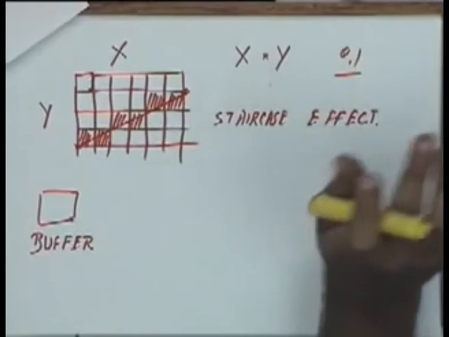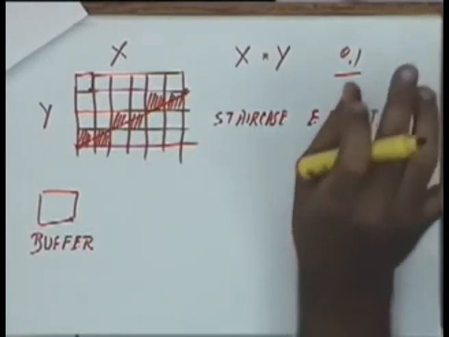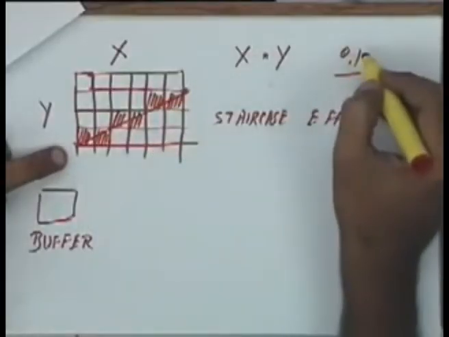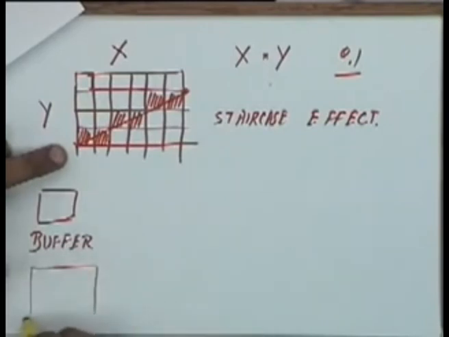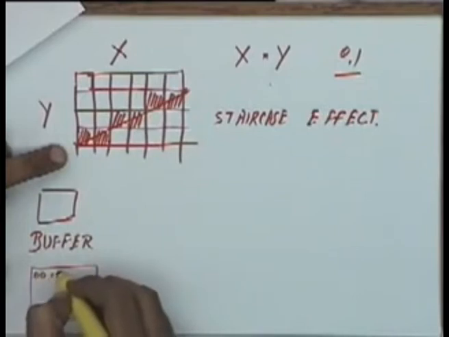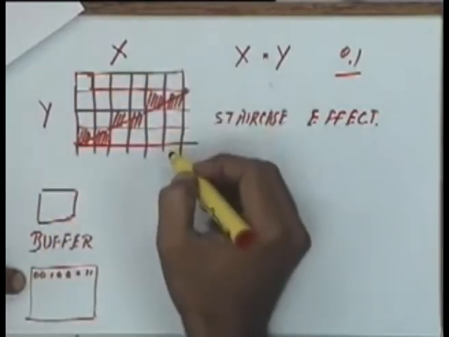Again, we are talking of a monochrome monitor with no gray levels. Either it is dark or it is light. So the complete screen will be stored as an array of zeros and ones, and each 0 or 1 will correspond to one pixel on the screen.